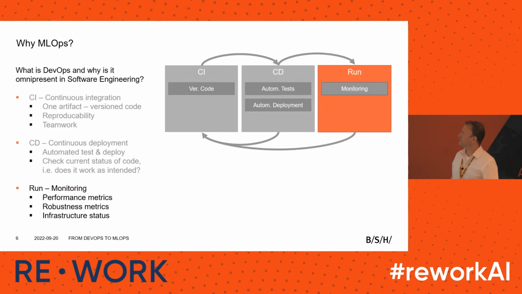And of course the last stage is that you hand this over into the running stage where you do some monitoring to essentially observe if your application runs as intended, like performance metrics, robustness metrics, and also checking if the underlying infrastructure is still stable.